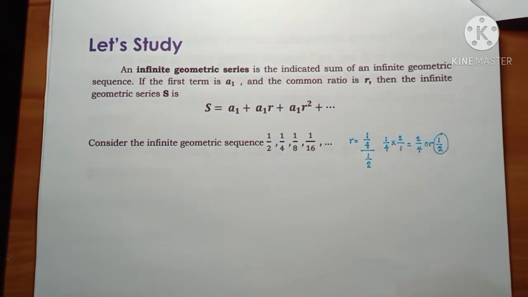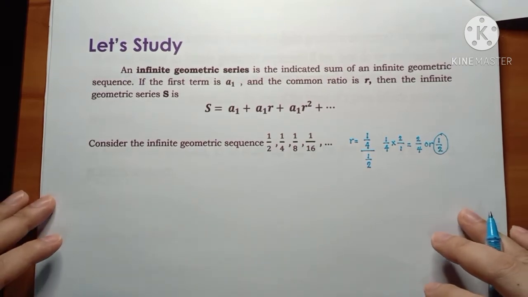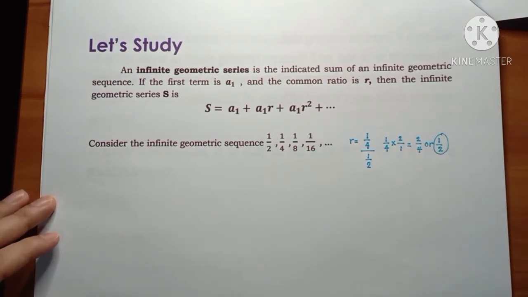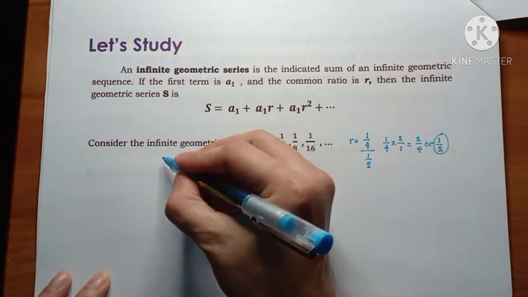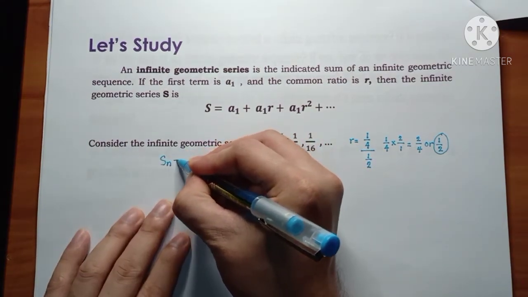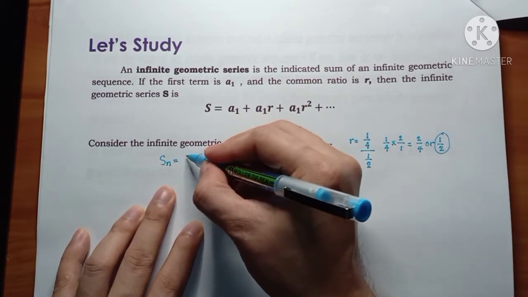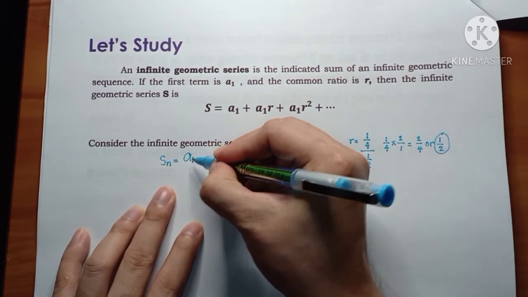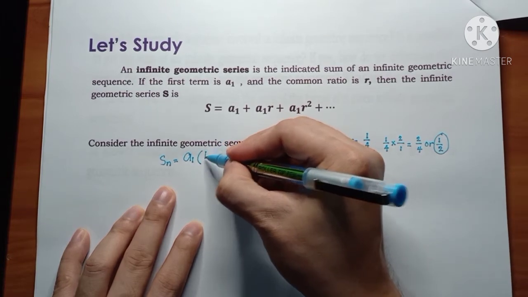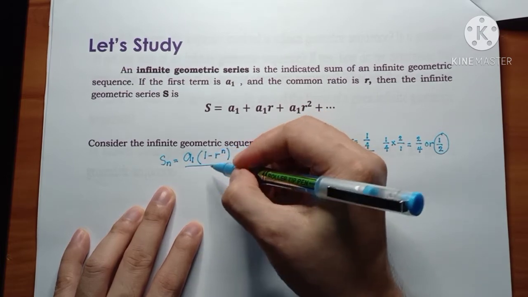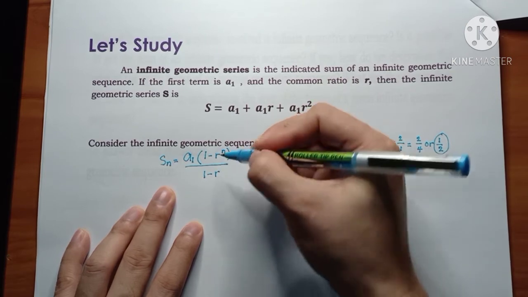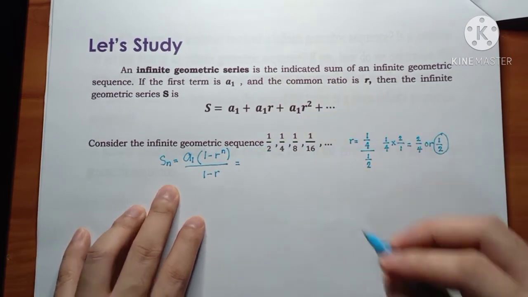Okay. So, since hanapin natin ang kanyang sum, therefore, we use the formula S sub n. So, consider muna natin yung ating formula na S sub n is equal to a sub 1, which is the first term, times 1 minus r raised to n whole over 1 minus r. Okay. And then, we have, ang ating first term ay 1/2.